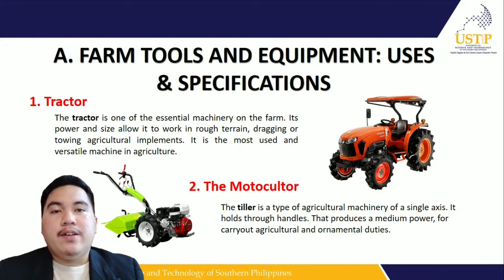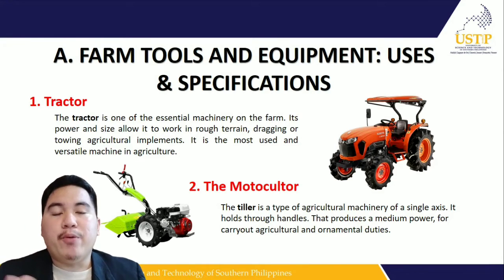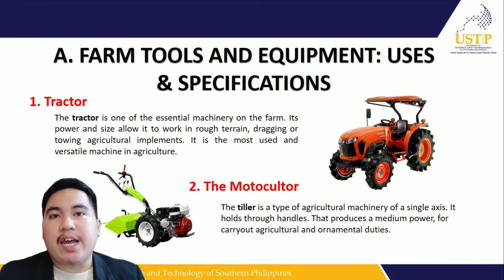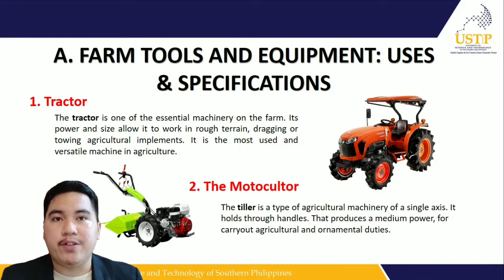Alright. So next is we have a motocultor. So motocultor or tiller is a type of agricultural machinery of a single axis. It holds through handles, so that produces a medium power for carry out agricultural and ornamental duties.